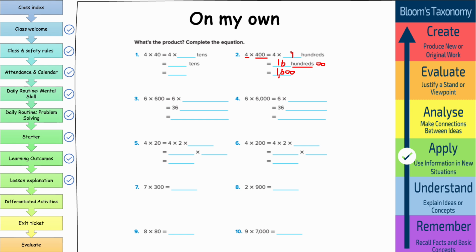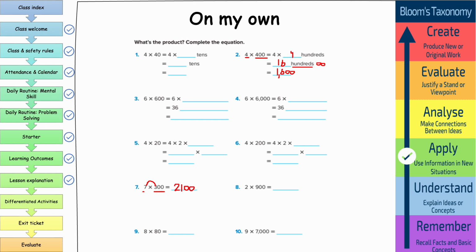Okay, now I'll do this question. 7 times 300. So as I said before, I will take the 2 numbers. 7 times 3 is 21. And then how many zeros are left in the equation? 2 zeros. I will just put the 2 zeros there.